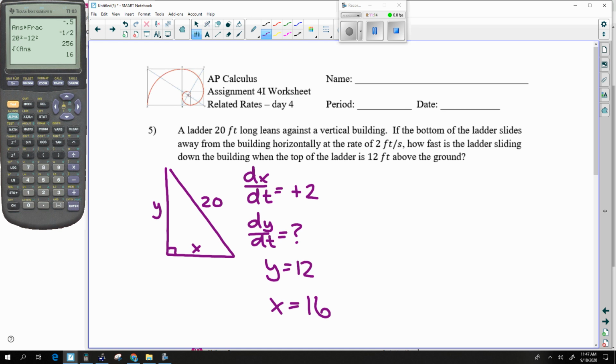All right, so let's set this up. x squared plus y squared is equal to 20 squared. Again, that 20 doesn't move, it's a constant. So upon taking the derivative, this is 2x dx/dt plus 2y dy/dt, and this is going to be equal to 0.